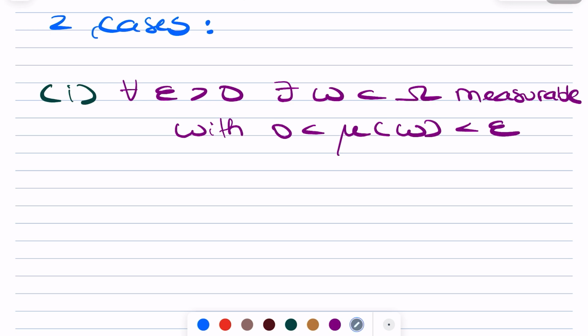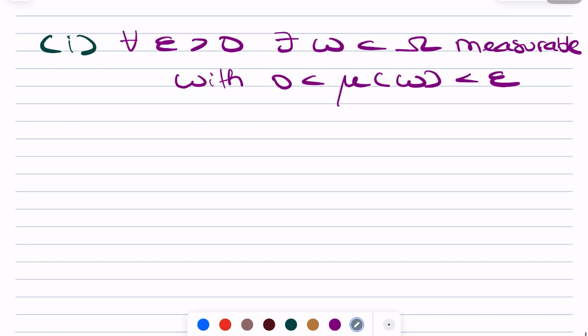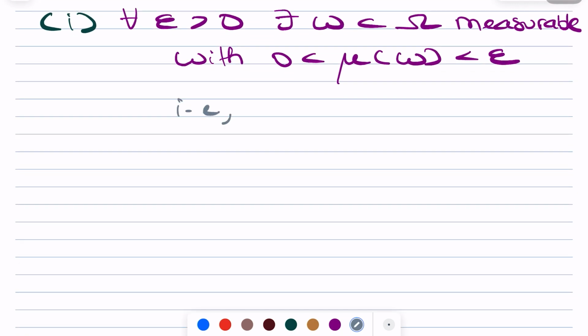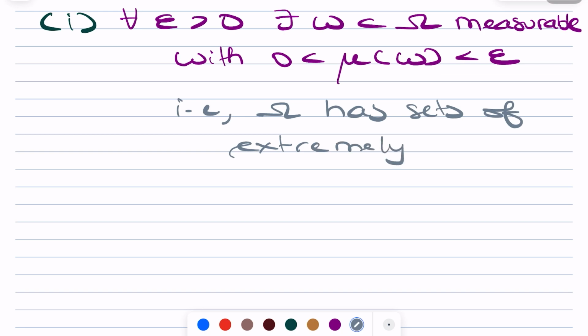So this first case means that omega has sets of extremely small measures.